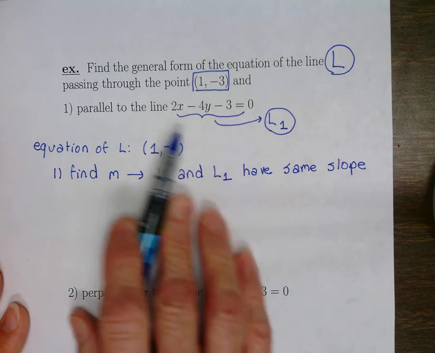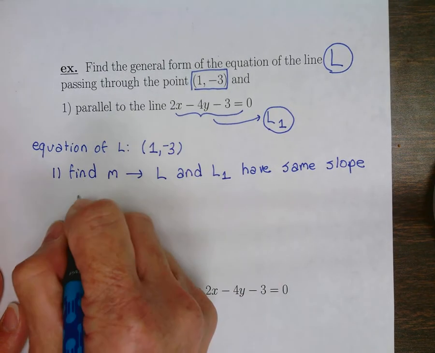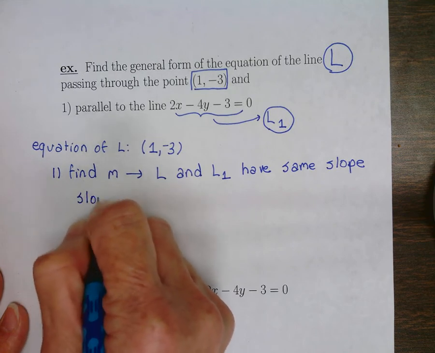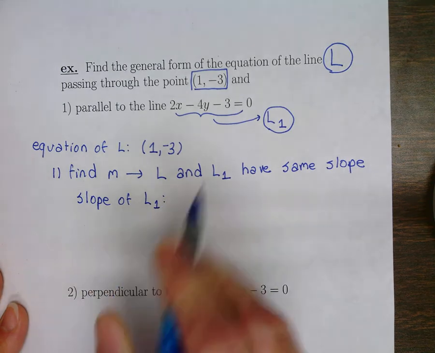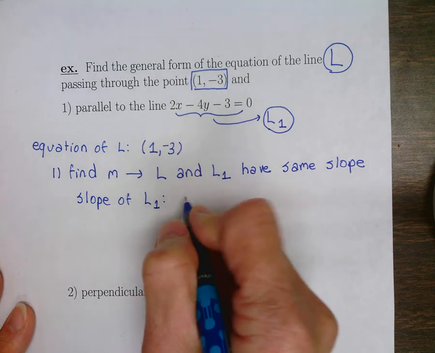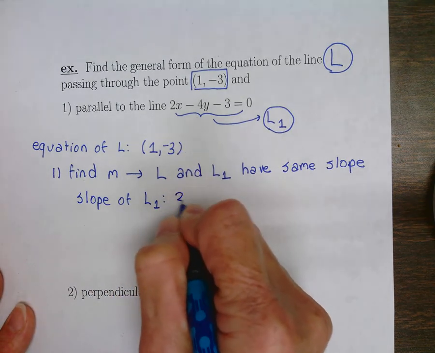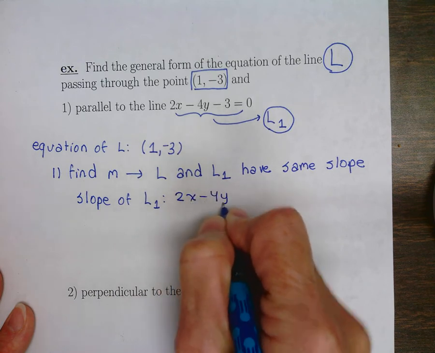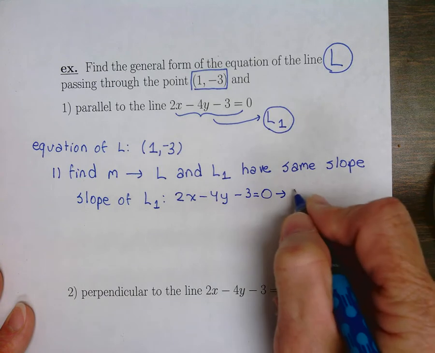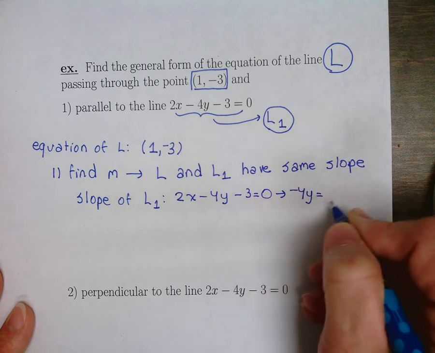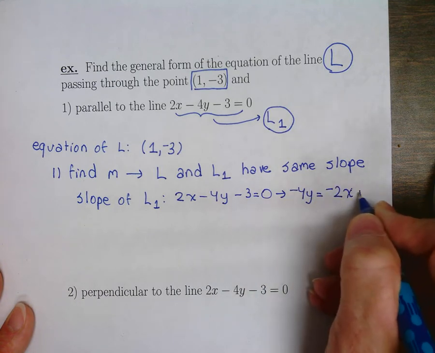So I find the slope of line L1. And we've already seen how to do that. We solve for y. Okay, so 2x minus 4y minus 3 equals 0. That means minus 4y equals negative 2x plus 3.